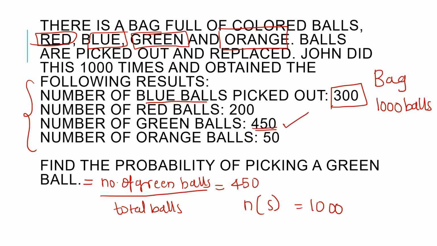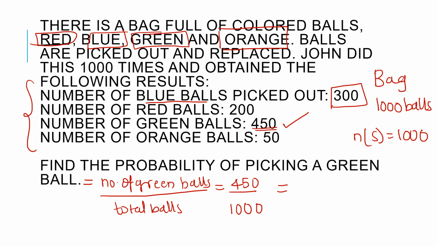So 450 divided by the sample space, which we have seen was a total of 1000 balls in the bag. So that is 450 divided by 1000. After reducing, this would be 0.45. So the probability of picking a green ball here is 0.45.